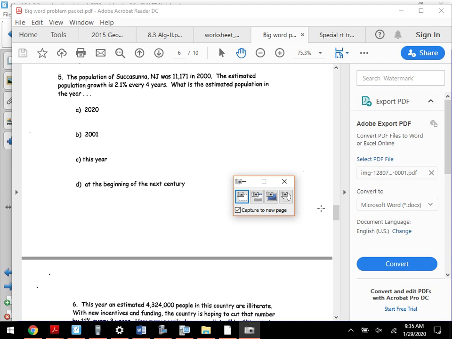What if you're wrong on part B? Very possible that I might have bumped the wrong number.